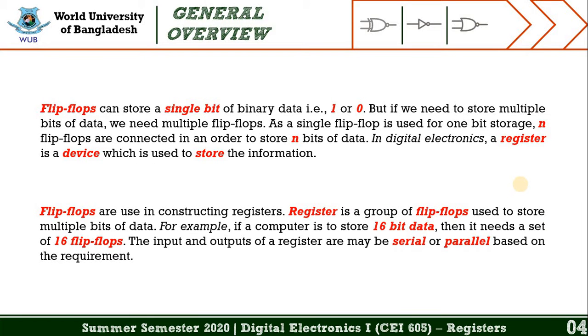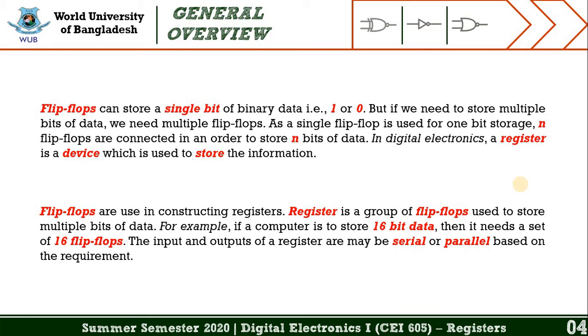Flip-flops can store a single bit of binary data, which means 1 or 0. But if we need to store multiple bits of data, we need multiple flip-flops. As a single flip-flop is used for 1 bit storage, n number of flip-flops are connected in an order to store n bits of data.